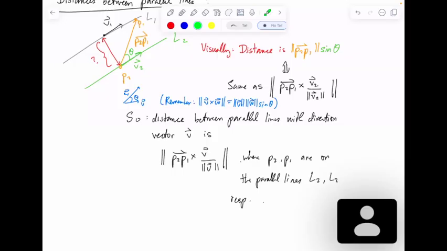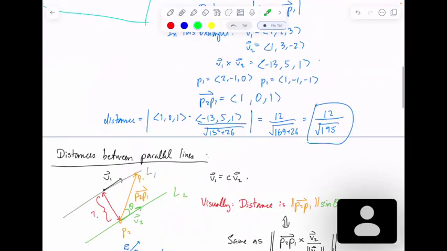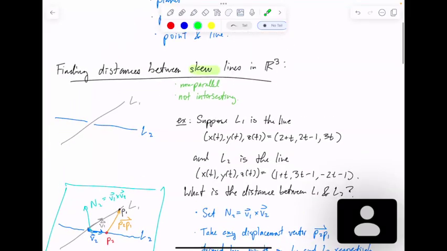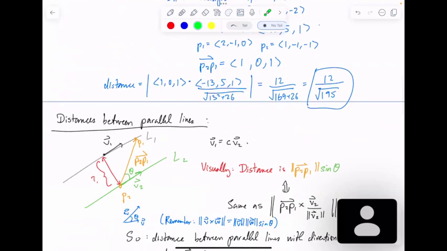Now, one thing we didn't address was how to figure out if lines intersect or not. We found ways to find distances when distances are not necessarily 0. So how do we know when distances are 0 between 2 lines? In other words, how do we know when 2 lines in R3 are intersecting?